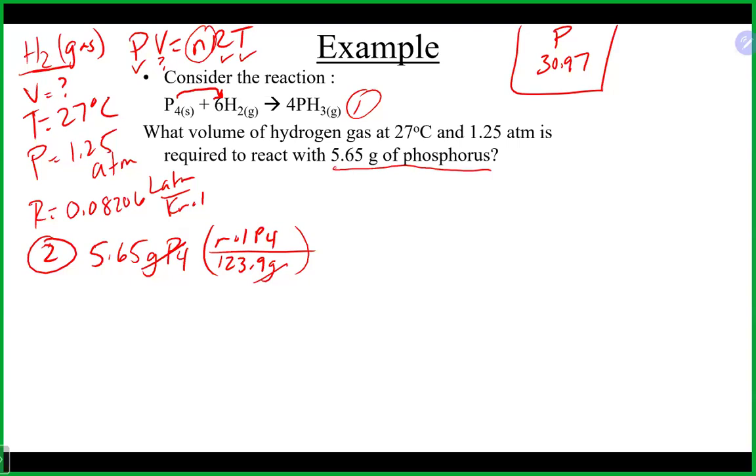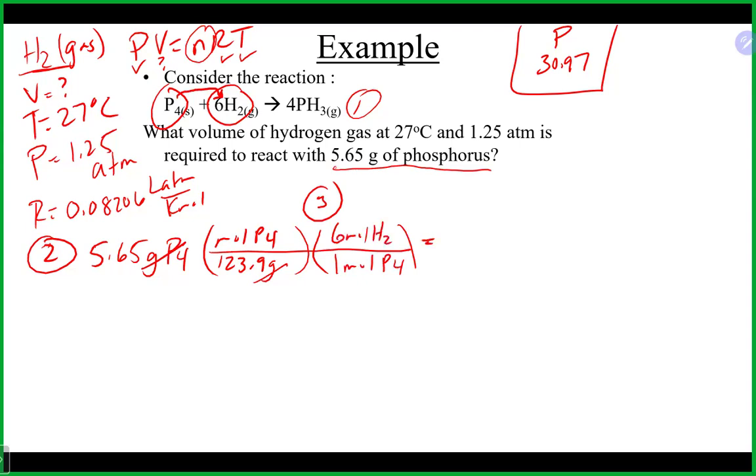Again, that's the third stoichiometry step. Now going to use our multiple to go from phosphorus between the two reactants. So we will do from the equation 1 mole of P4 will give us 6 moles of H2.